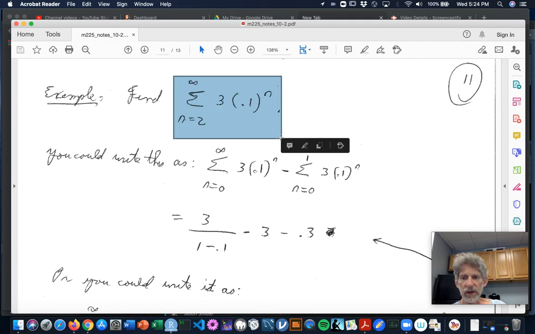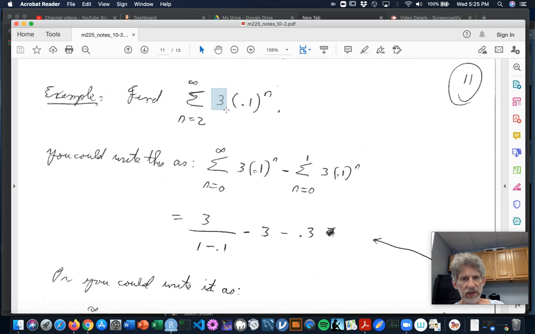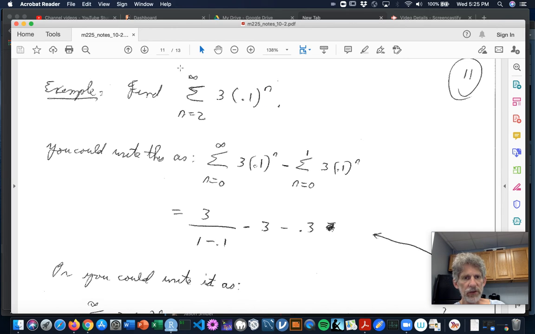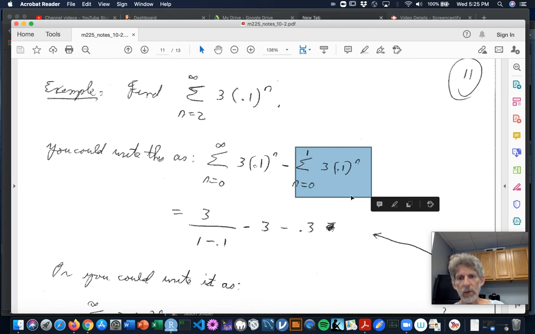Could we find the sum of this infinite series? Well, it's not quite the standard form for a geometric series. It sure is close, though. It's got a c and it's got an r to the n power. It's just that you're starting at 2 instead of 0. So I suggest that you just write this as the sum from 0 to infinity, but then take away the sum from 0 to 1.